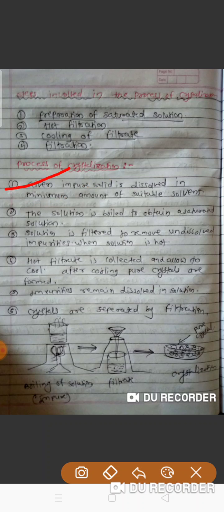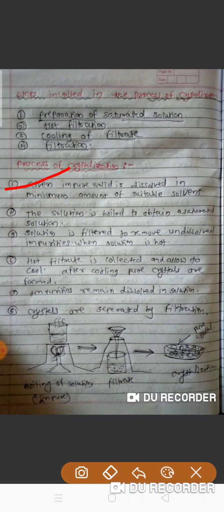Then the solution is boiled to obtain the saturated solution. The second step in this process is hot filtration. First we prepare the solution: dissolve the substance in the minimum amount of solvent, then boil it to obtain the saturated solution.